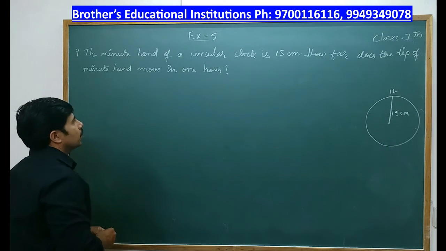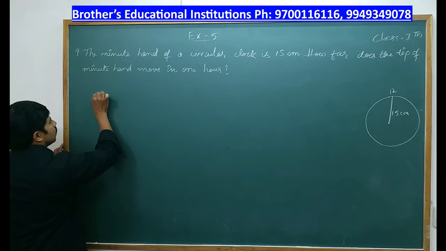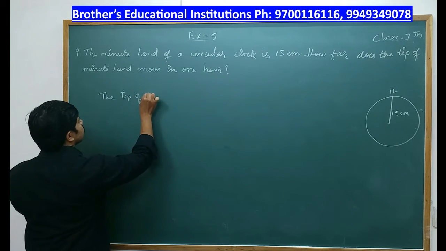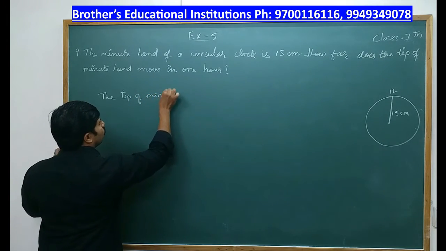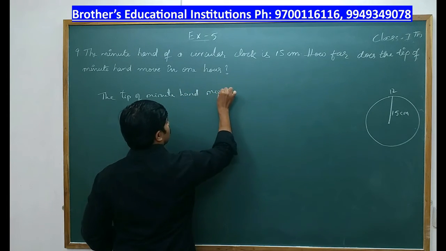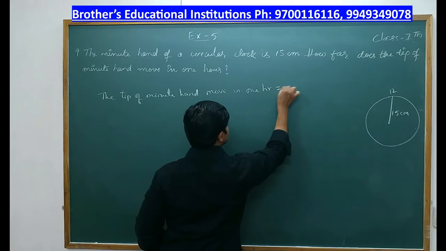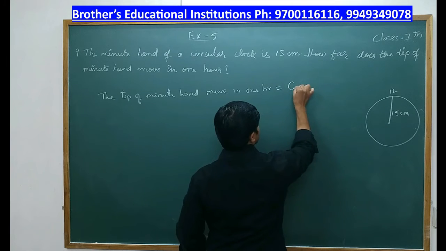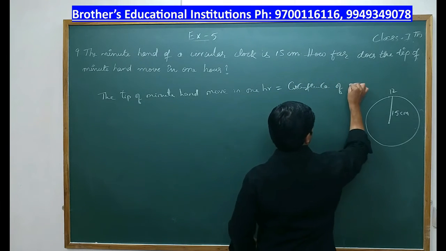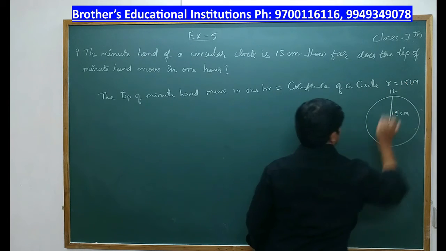Okay, so here we'll write: how far does the tip of a minute hand move in 1 hour? That means the tip of the minute hand moving in 1 hour is nothing but the circumference of a circle with radius 15 centimeters, right?